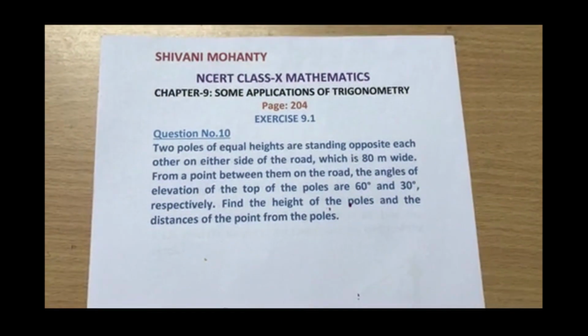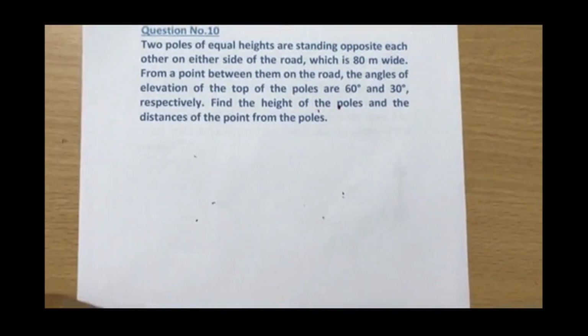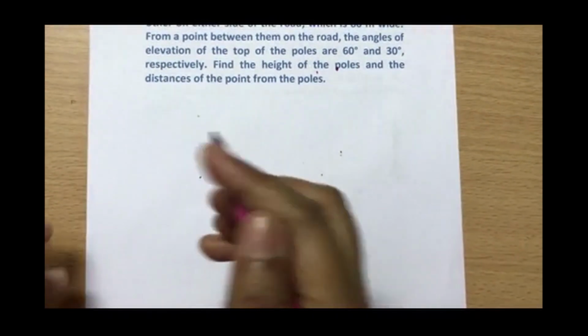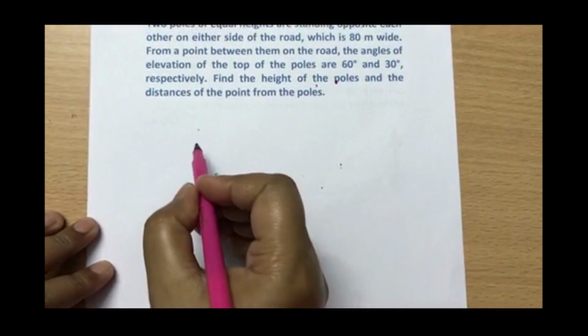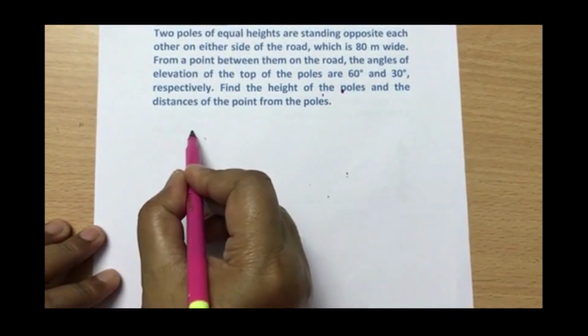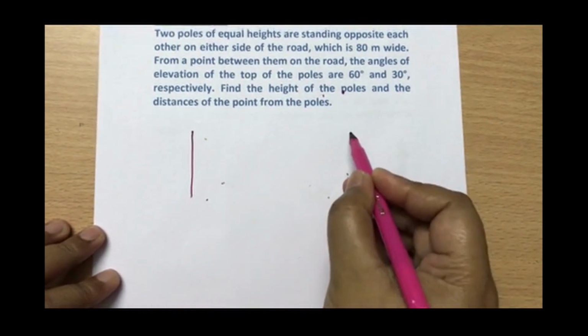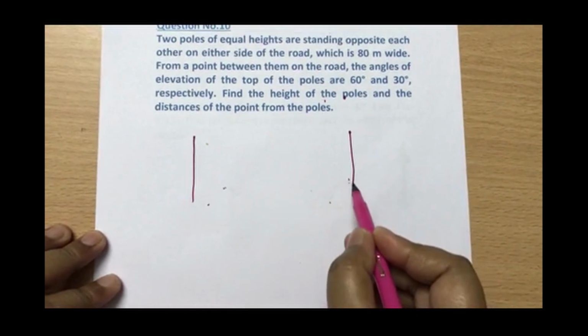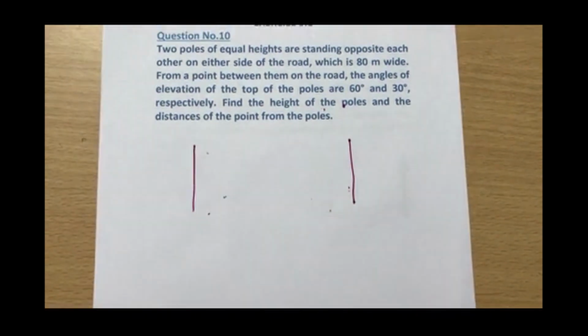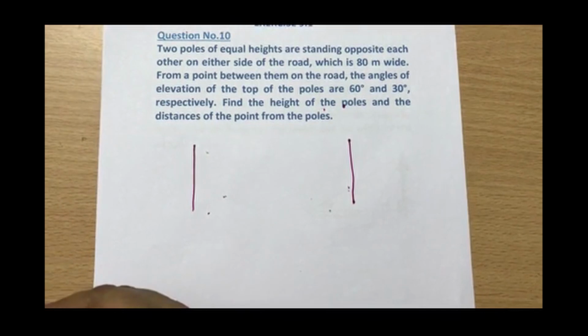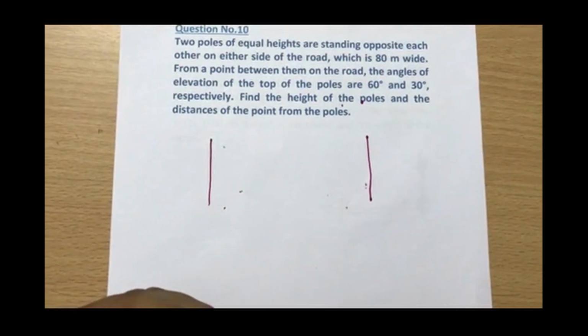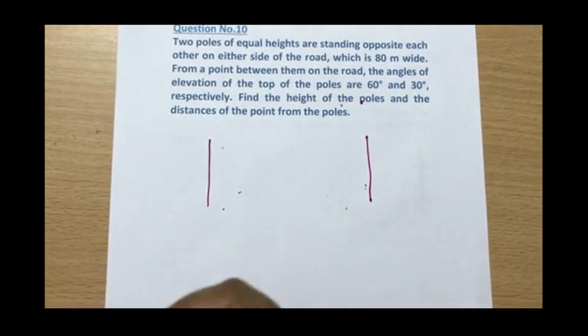So let us draw the diagrams. Okay, so it is given that two poles are of equal height. So I am drawing both the poles in the same color. Okay, and then it is telling that this one is making an elevation.